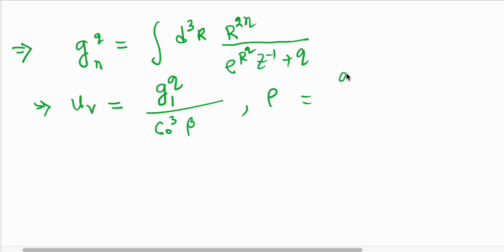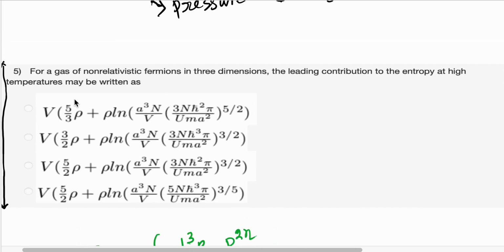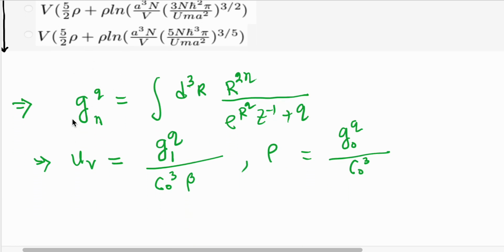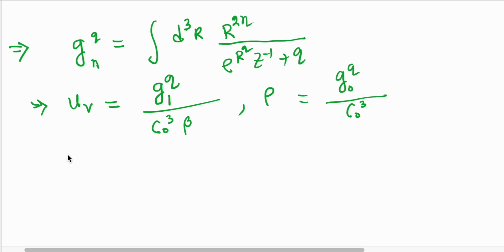This is only z0(q) by c0(q). So if we can write the contribution of the entropy at high temperature of this quantity, we can also then write the contribution of the high temperature in uv. So let's write that. So what happens at high temperature, let's see that.